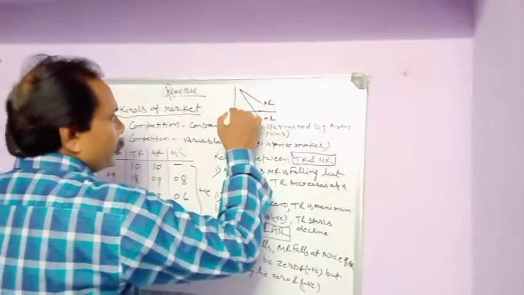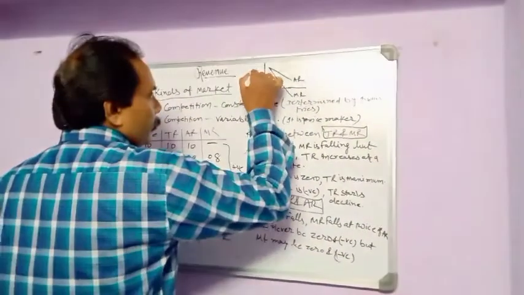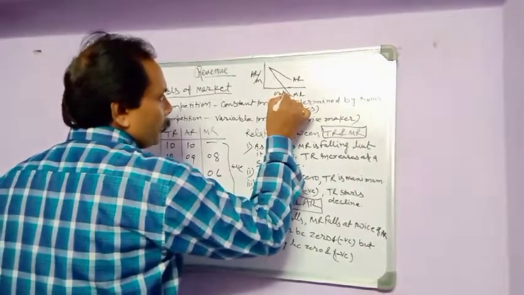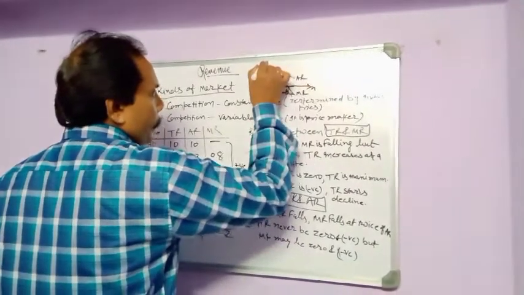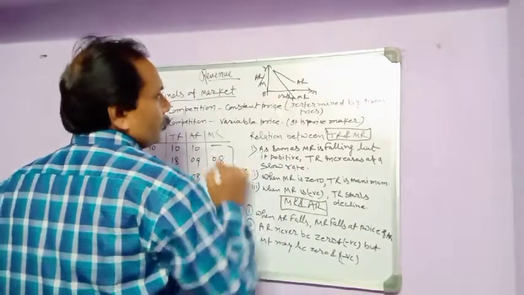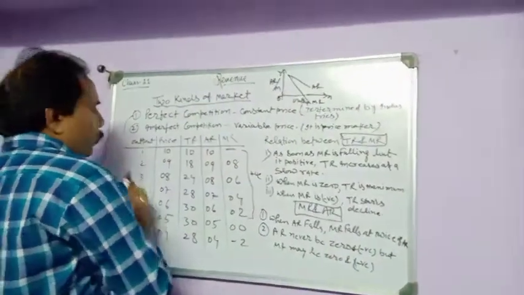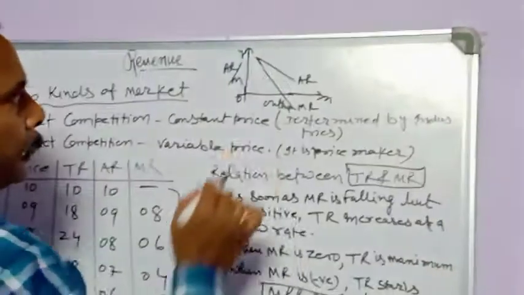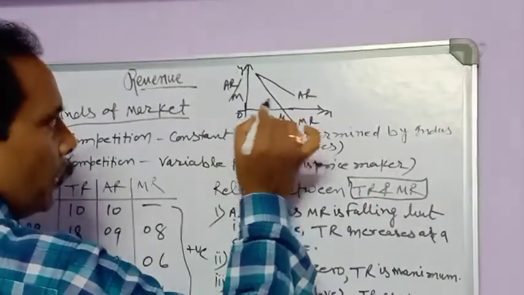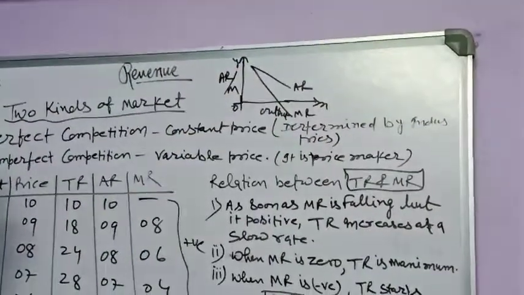And this is the output. So AR and MR both decline as the output increases, but AR will never be 0 and MR may be 0 and negative also. Both always slope downwards.